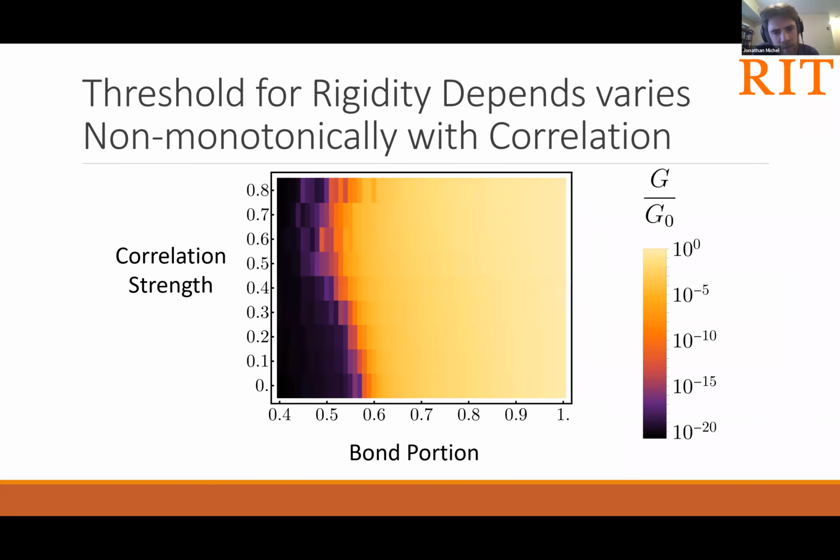So looking at this from a bird's eye perspective, we can see that there's this contour of incipient rigidity in this correlation strength, bond portion space exhibiting what we would call a reentrant dependence of threshold fraction of bonds needed for a rigid network.